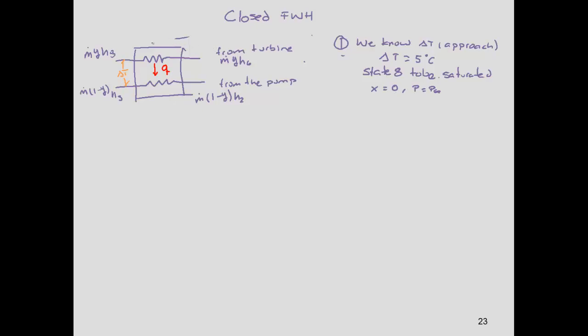You can see that we don't have any pressure mixture here because now they are separated in different tubes.